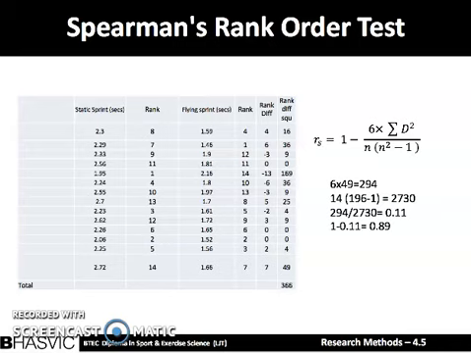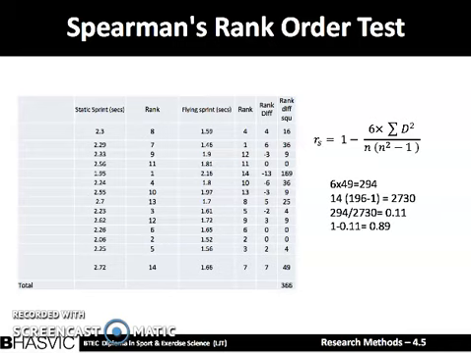So the last step of this equation is to do 1 subtracted by that result, that calculation you've just achieved. Therefore you would do 1 subtract 0.11, which equals 0.89. So your final answer is 0.89.